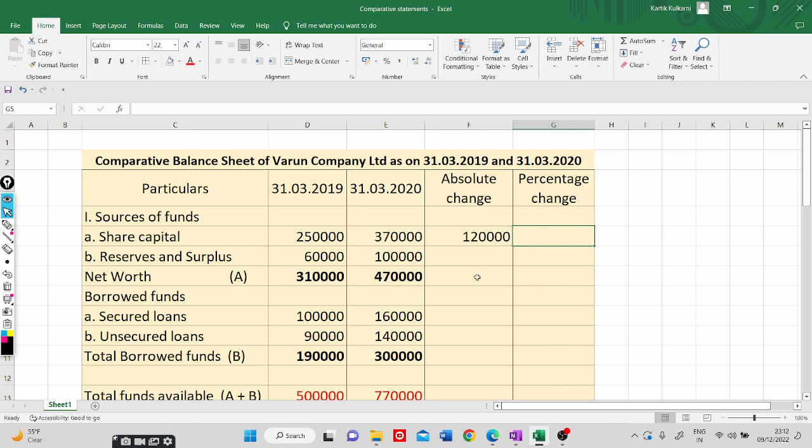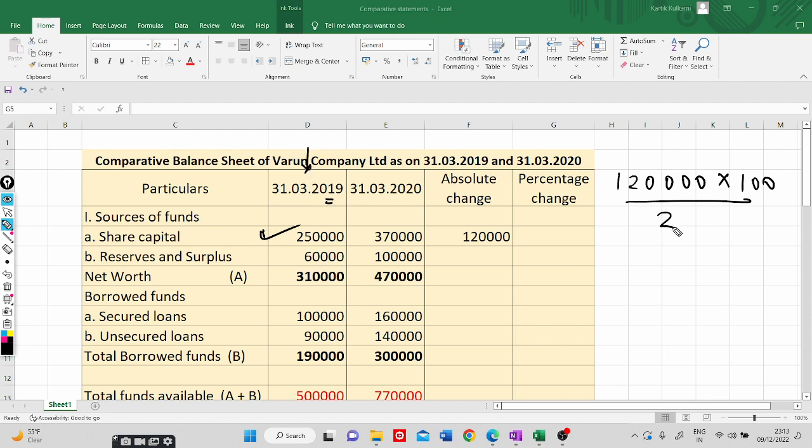To find the percentage change, we will calculate it this way: 1,20,000 into 100, so that we can express it in percentage, divided by 2,50,000, that is the amount in column 1, 2019. In this way, we can calculate the percentage change.